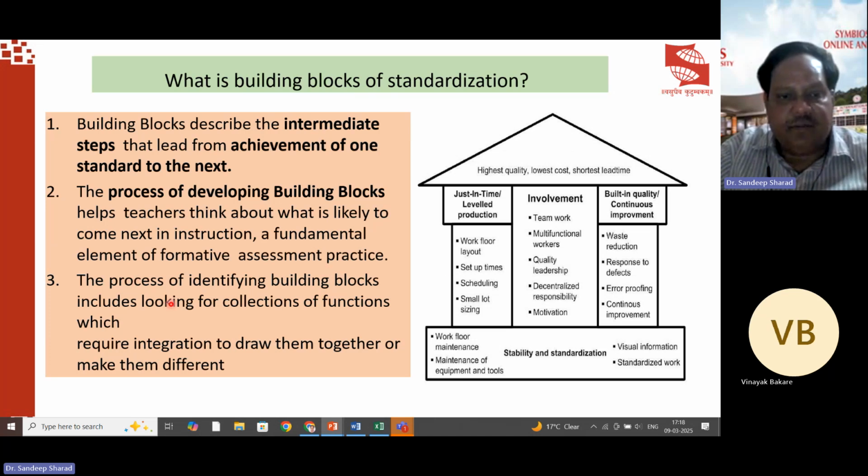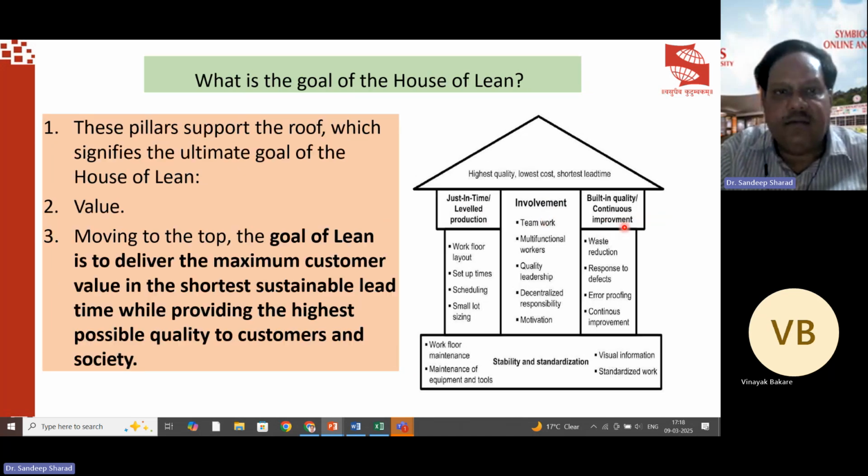The process of identifying building blocks includes looking for collections of functions which require integration to draw them together and make them different. Here we can see that just-in-time leveled production, involvement, build-in quality, and continuous improvement are the building blocks.